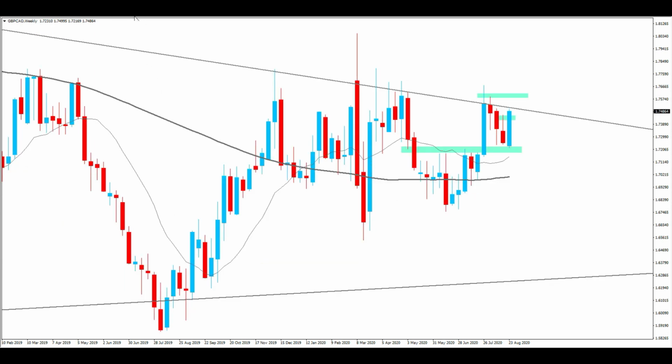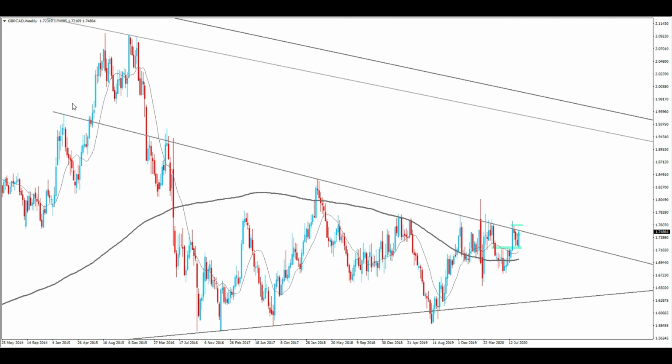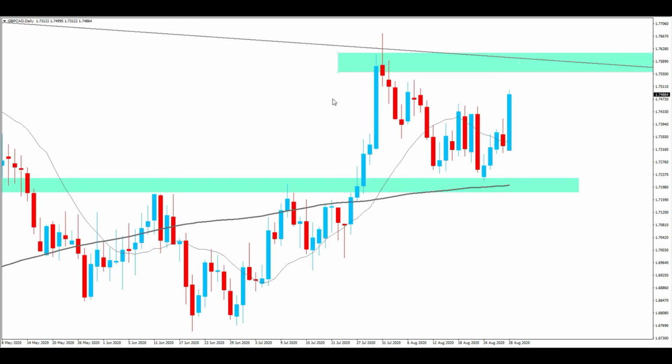If I go to the weekly chart, you can see that price has been respecting this trend line very well for some time. We've got multiple tests across this trend line. We've got a test here, a test there, multiple tests there, a test here again, there again, and multiple there again. We're back at that same level, and on the weekly chart, you can see that this week's candle was very bullish. So we could be seeing that bullish momentum continue and go and retest these highs on the daily time frame up there.